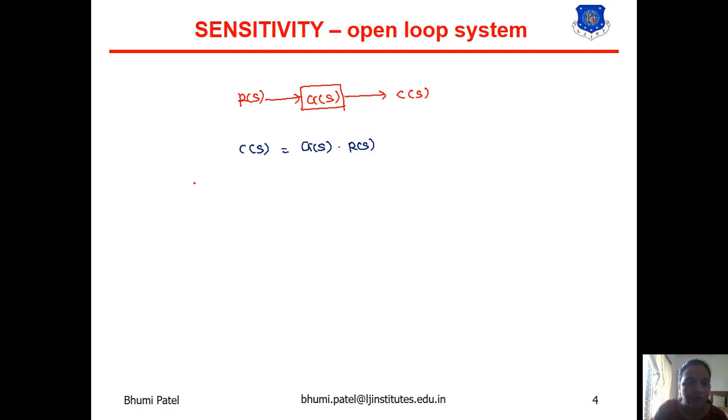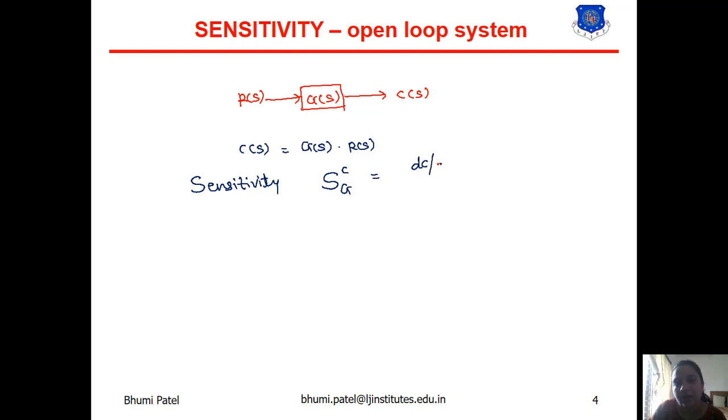Now for this open loop system, we can find the sensitivity equation. Sensitivity is defined as S of C with respect to G, where G is the gain of the system and C is the output of the system. How do we define the sensitivity?